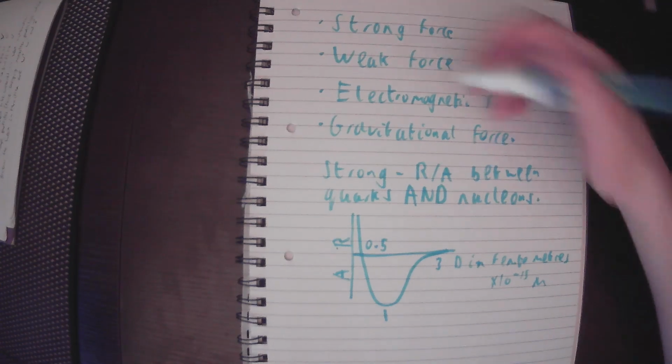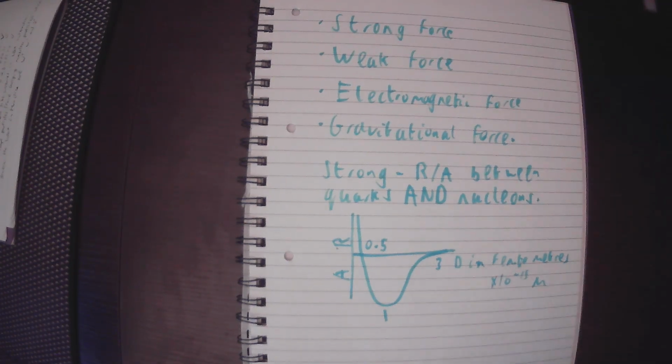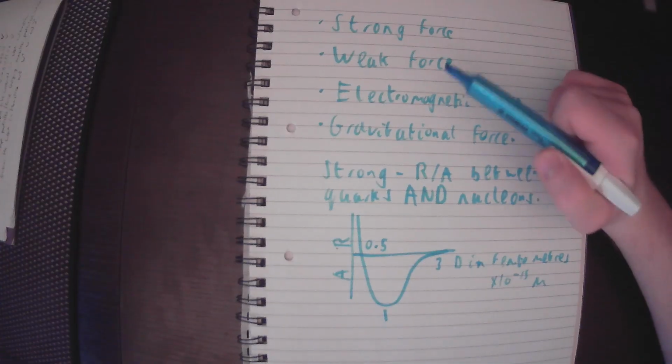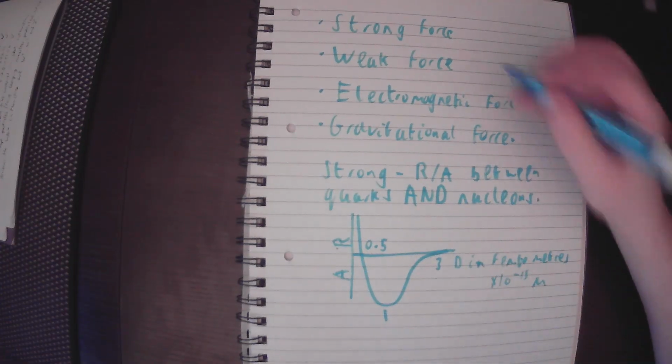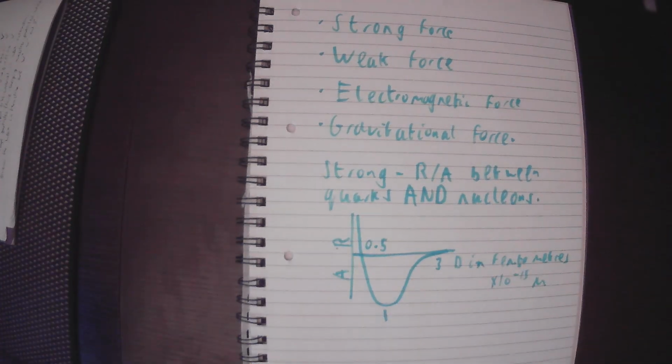On a naming basis, it is the strongest of the four fundamental forces, so that's relatively easy to remember. However, the weak force, which we were about to get onto, does not follow that. The weak force is not the weakest of the four forces.